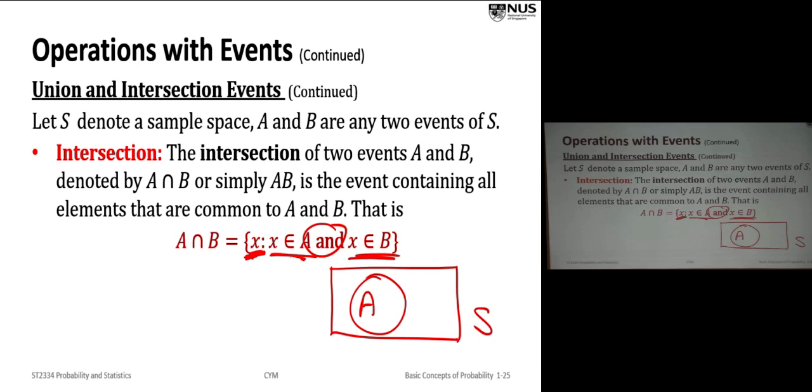A, those outcomes belong to event A. B, those belong to B. And those that belong to A and at the same time belong to B is this part. This is A intersect B.